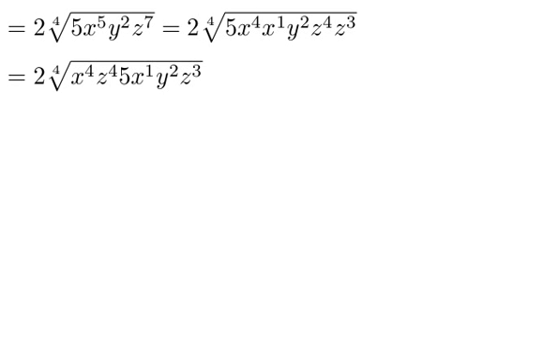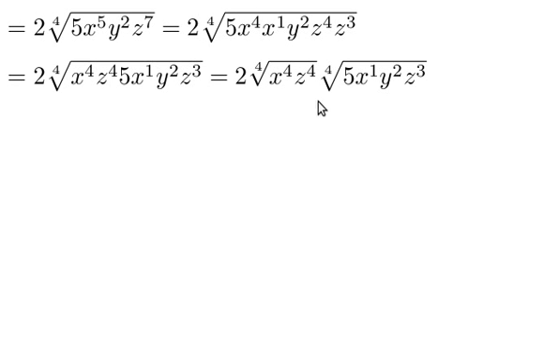So this is going to be equal to 2 times the 4th root of x to the 4th times z to the 4th times the 4th root of 5x to the 1st, y squared, z cubed.